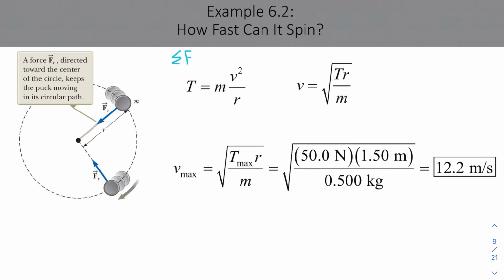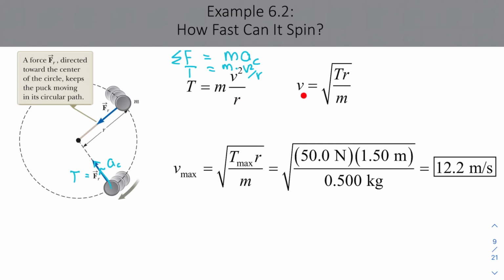From sum of F equivalent to m a_c, regardless of position, let's say we take this position, you have FR in this direction, and AC also in this direction. So the F that we have is the T, equals m, then the AC is v squared over r. That is how we have this equation.